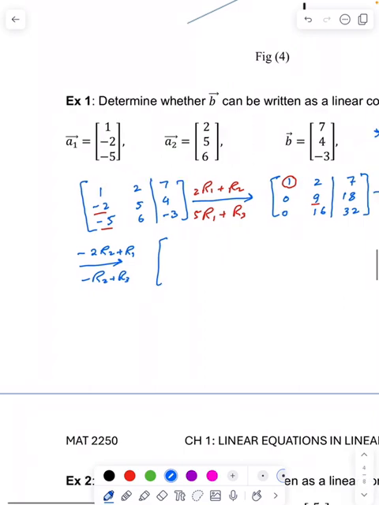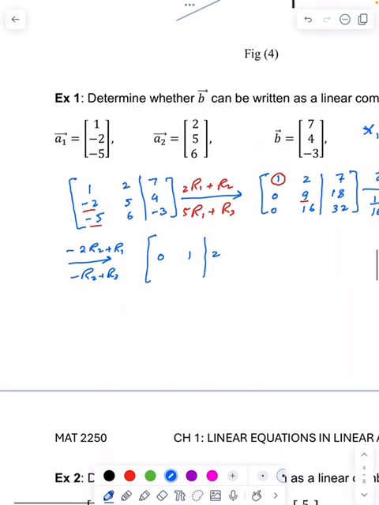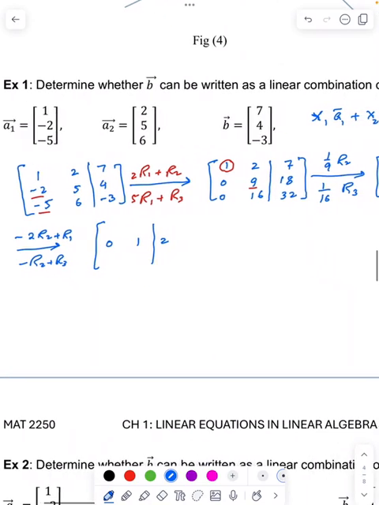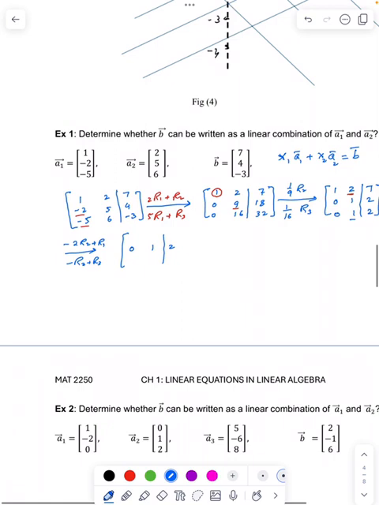So we end up getting, remember now the second row is not changing. The first row will change. We have a 1 here in the first row, and this quantity is going to become 0. What happens to the top one?